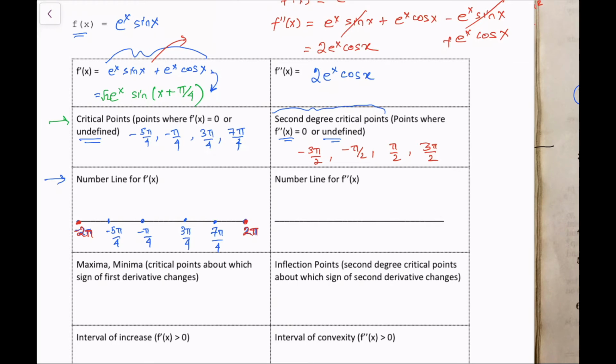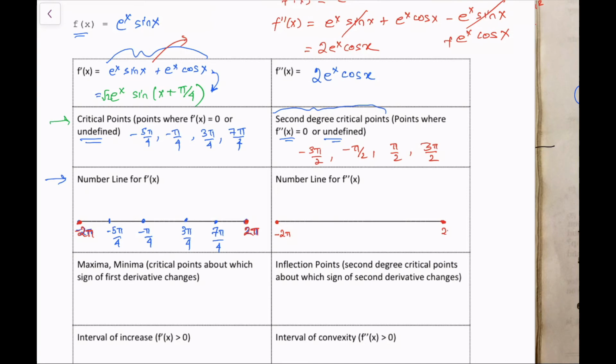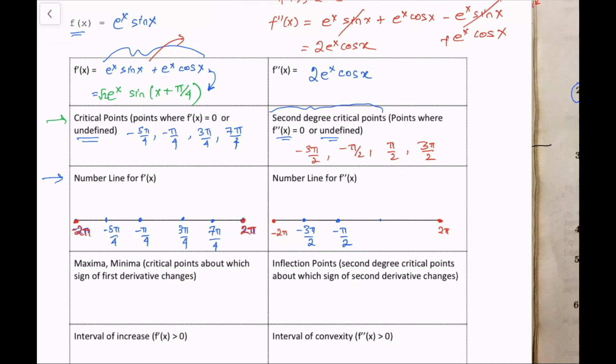We will plot them on the number line. So let me plot the endpoints in red and all other points, the actual second degree critical points, in blue. So there is a difference in the picture.